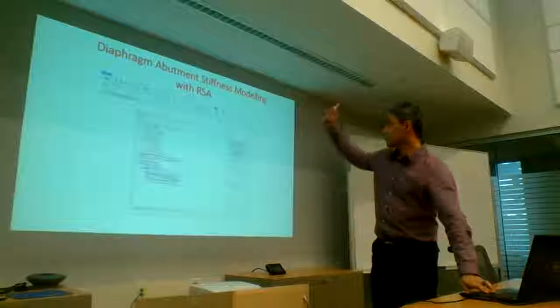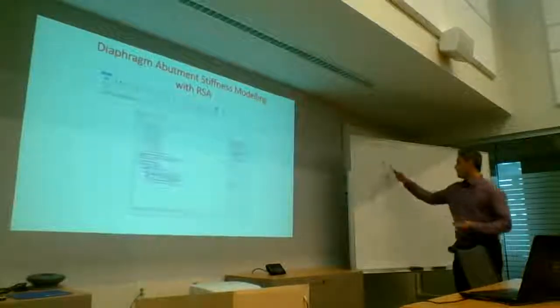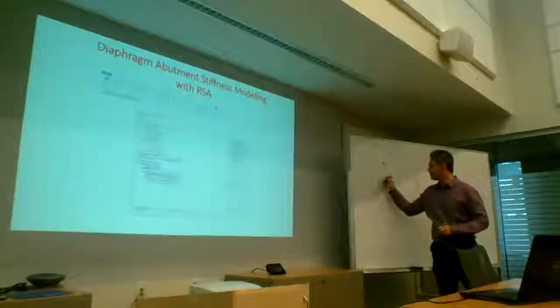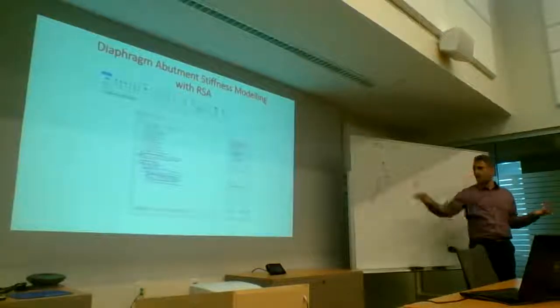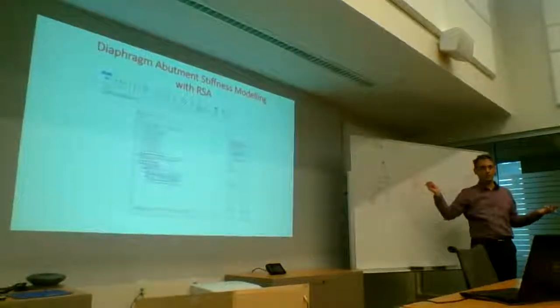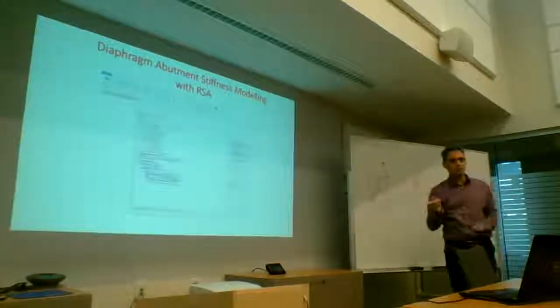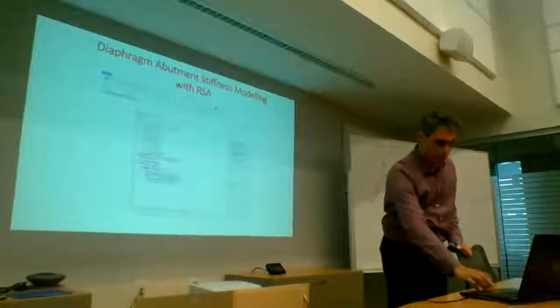But then again, don't just go with the first stiffness without checking this. Now, if you go with the first stiffness and your force level is here, which is below that point, do you need to iterate? No, because you haven't gone beyond its elastic capacity. So that initial stiffness assumption is accurate. It's appropriate.